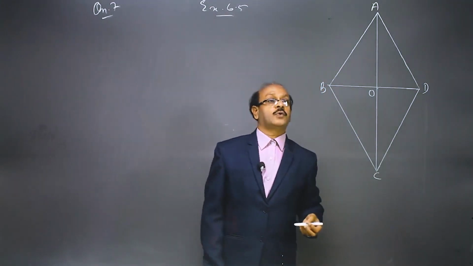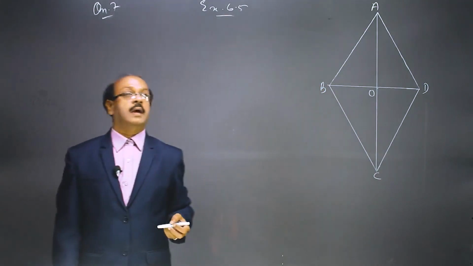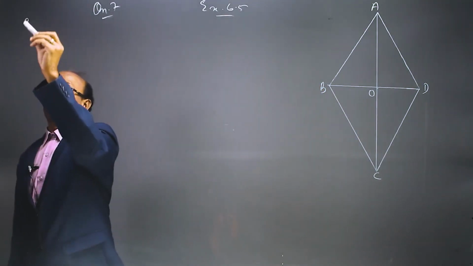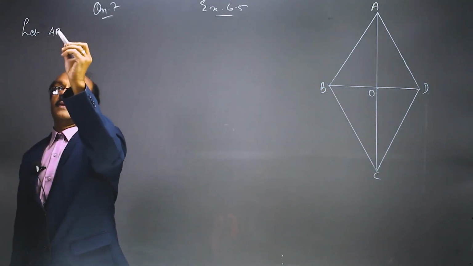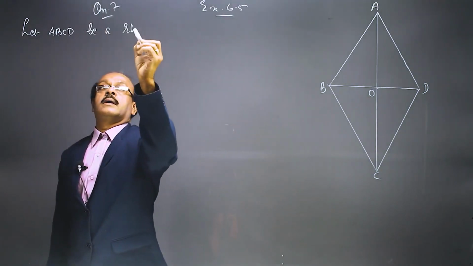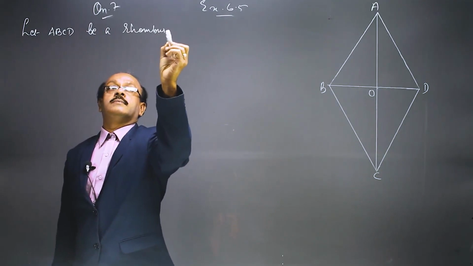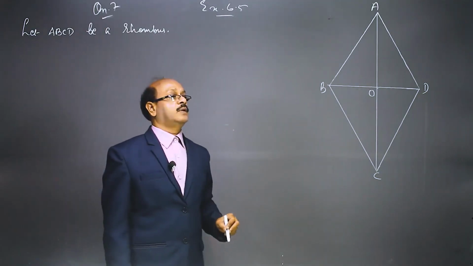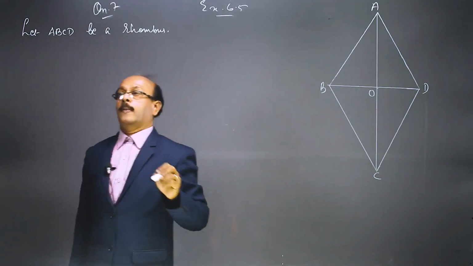Now the explanation of the figure. Let ABCD be a rhombus.